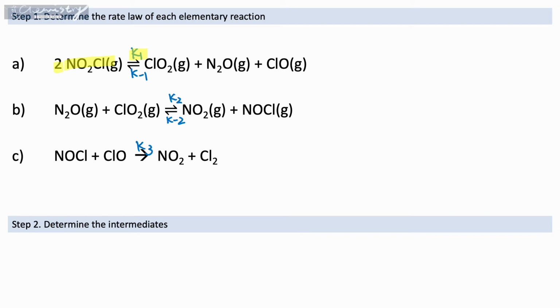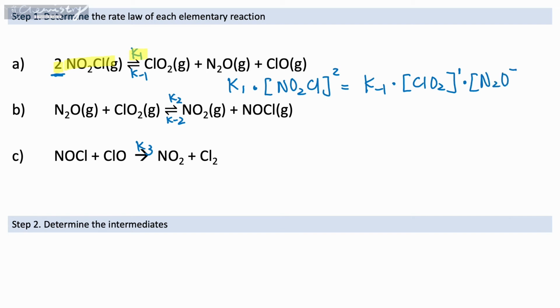So it is going to be K1 times NO2Cl to the second power, and the 2 comes from here, is equal to everything on the right side using K-1, K inverse, multiplied by ClO2, and it has a coefficient of 1, so to the first power, multiplied by N2O to the first power as well, and multiplied by ClO to the first power.